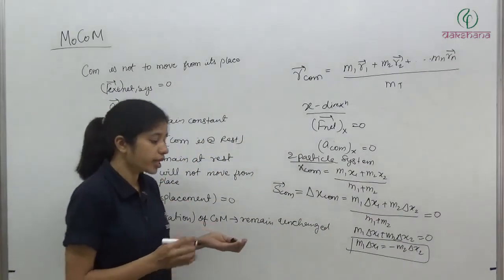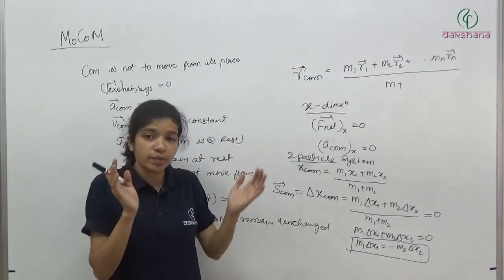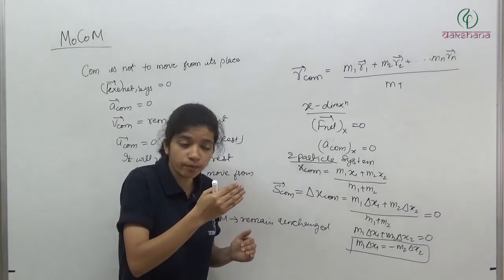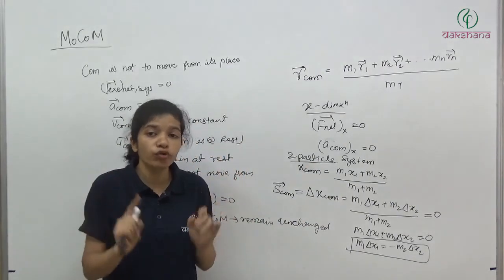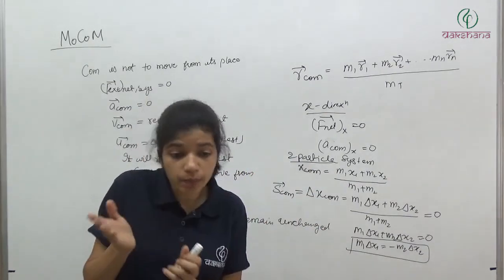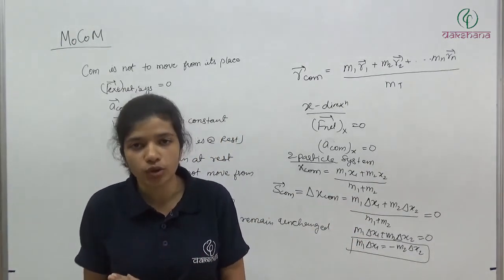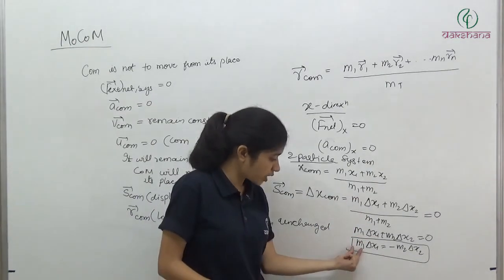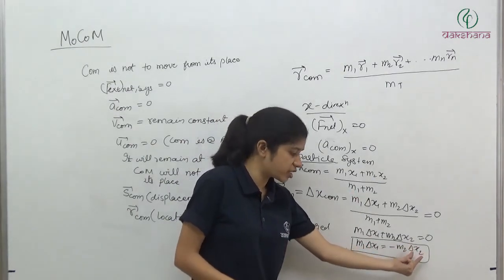While solving, कि आपका जो individual particle है वो displace हुआ है, मान लो एक इतने से displace हुआ, तो दूसरा कितने से displace होगा if center of mass has not moved from its place. अगर center of mass अपनी जगह से नहीं हिला है और एक particle अपनी जगह से हट गया है, then दूसरा particle कितना displace होगा from its location. So first particle and its change in location, second particle and its change in location.